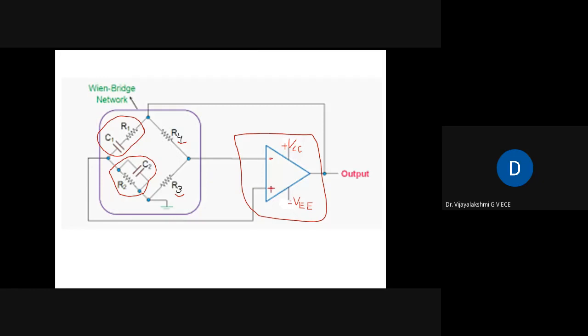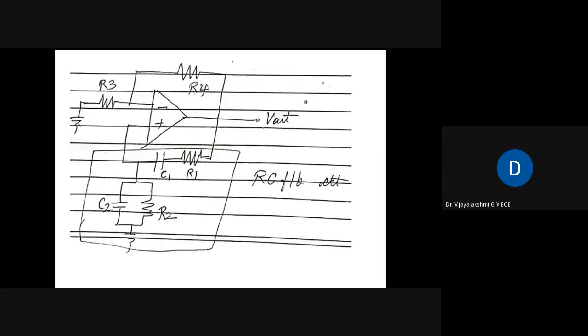So let me redraw this circuit so I can easily understand the amplifier and how the feedback is taken from the output and fed back to the amplifier. That circuit will show you the amplifier part and the feedback part properly. So this is the circuit, and I can relate it with the previous one.